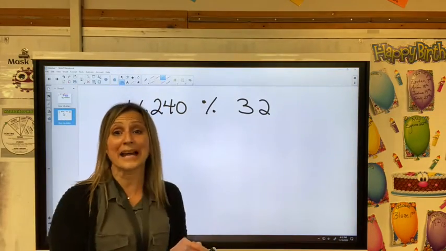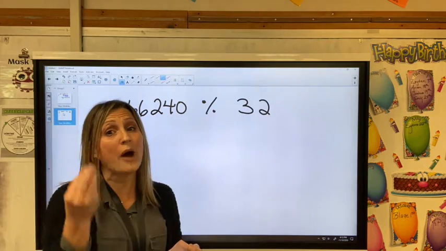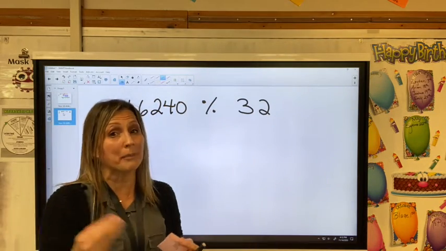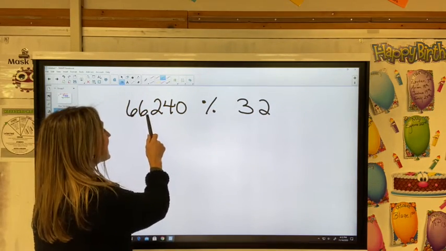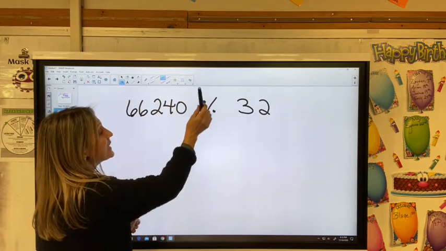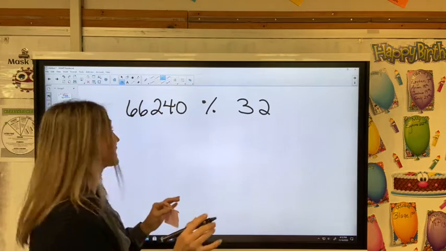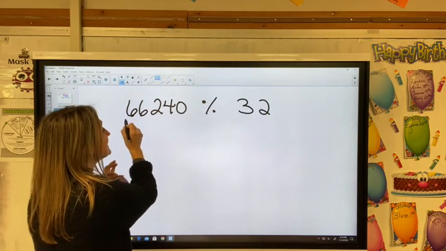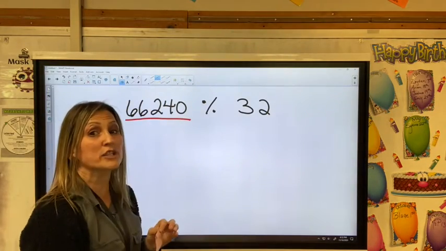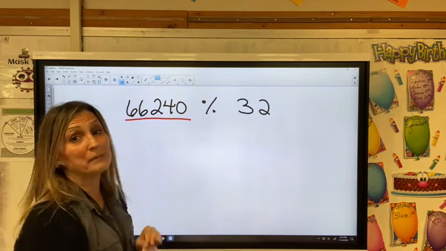So the first thing I always want to tell you is know how to read the problem. This says 66,240 divided by 32. So you want to make sure you read it correctly, sixth graders. This states that this is the item I want to divide. That's the item I want to divide.